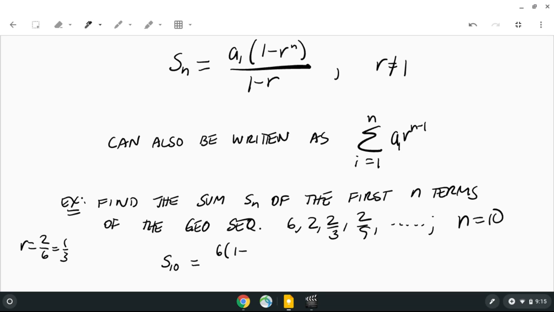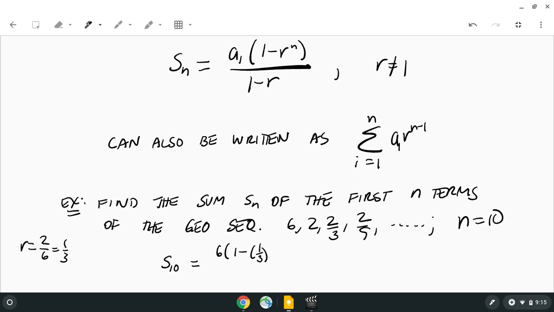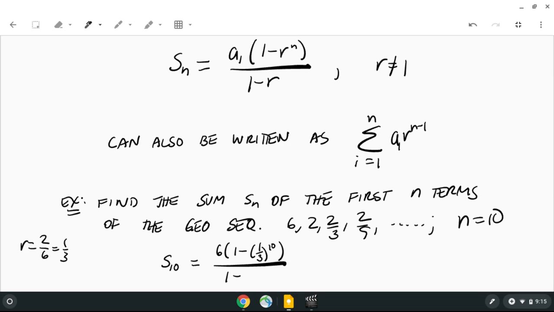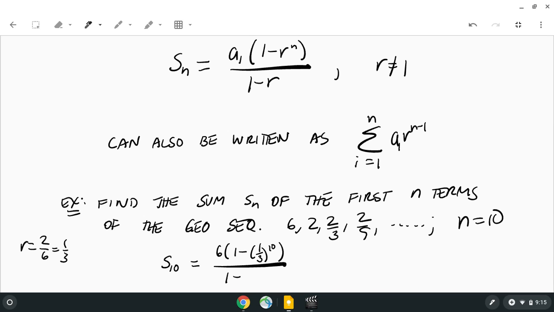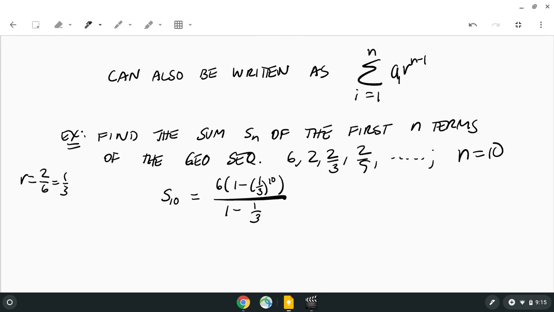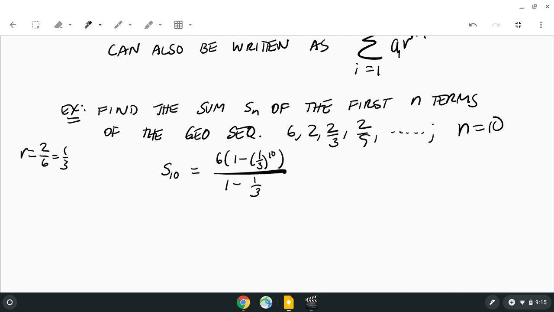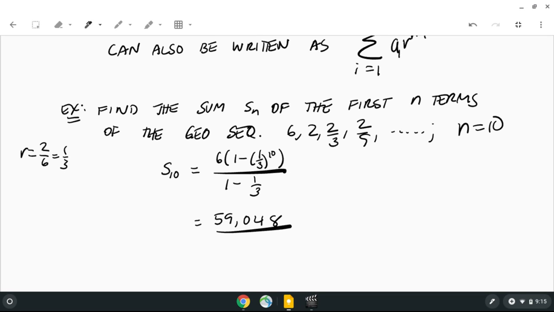So 1 over 3 to the 10th power, all over 1 minus 1/3. Once you punch that all into your calculator, you should get 59,048 over 6,561.